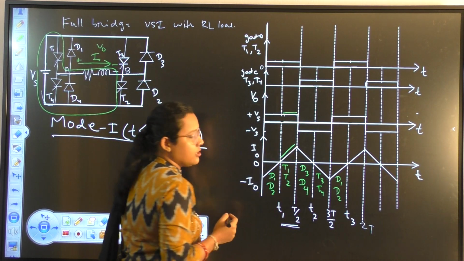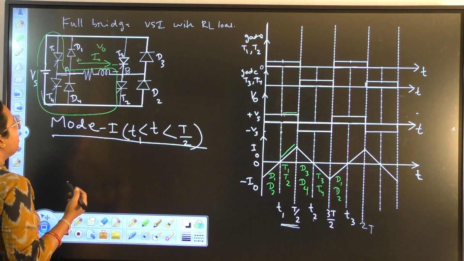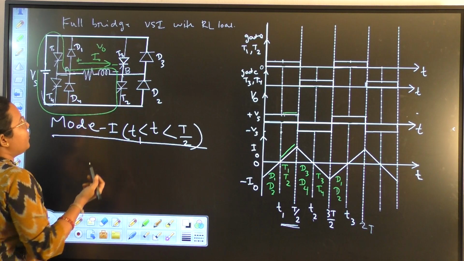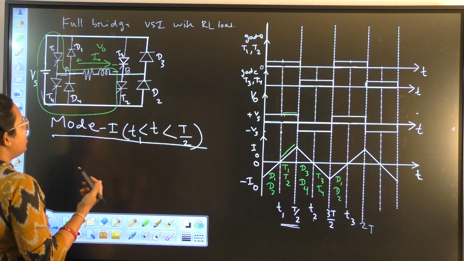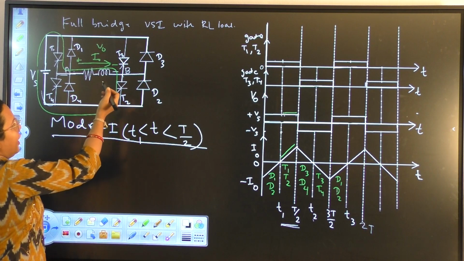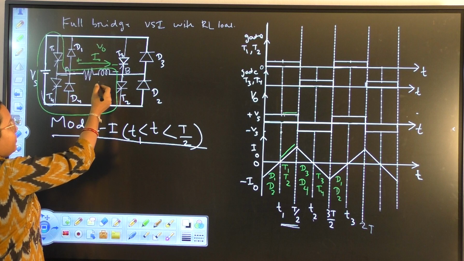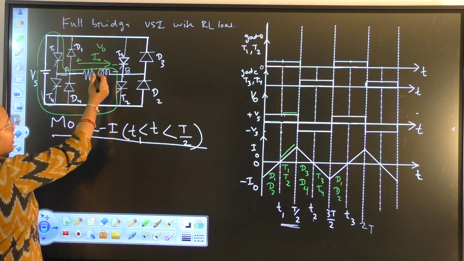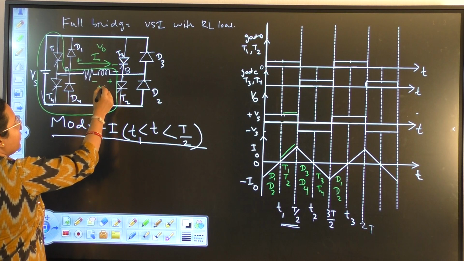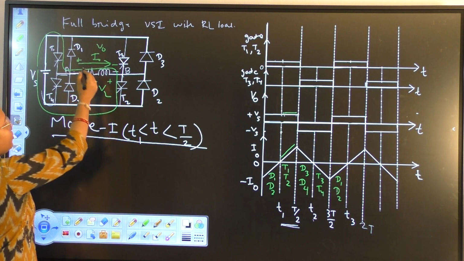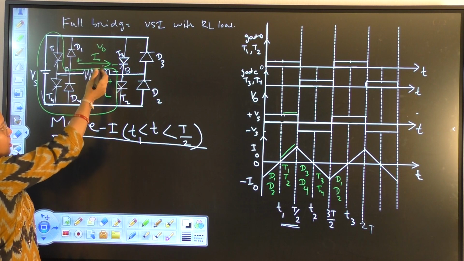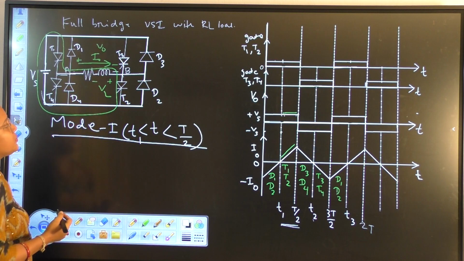From T1 to T by 2, my voltage is plus Vs and current is increasing. When current is flowing from A to B, the inductor opposes the changes in current. So a self-induced EMF is produced across this inductor, opposite to the current direction, minus plus VL.